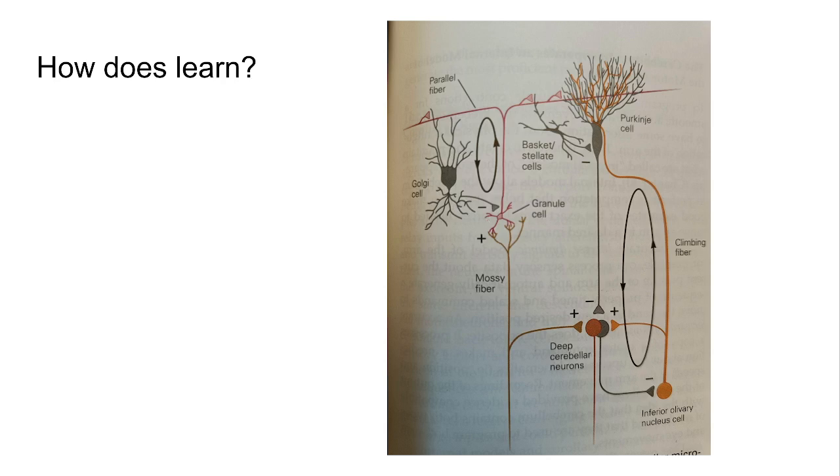The input from the mossy fiber, again, is the sensory information from the periphery. It connects to granular cells. Each granular cell receives maybe 5 of these inputs. And then it projects further via this long parallel axon to Purkinje cells. So it connects to plenty of Purkinje cells.